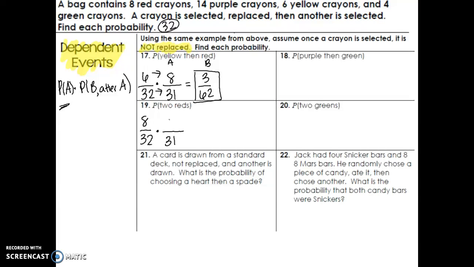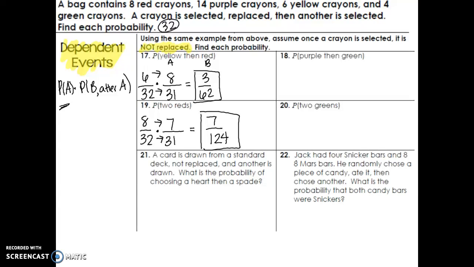So this actually becomes 7 red crayons in the bag out of 31 in total. So we multiply those straight across, 8 times 7, 32 times 31. And in its simplest form, we have 7 out of 124. I've simplified this quite a bit to get to 7 out of 124.